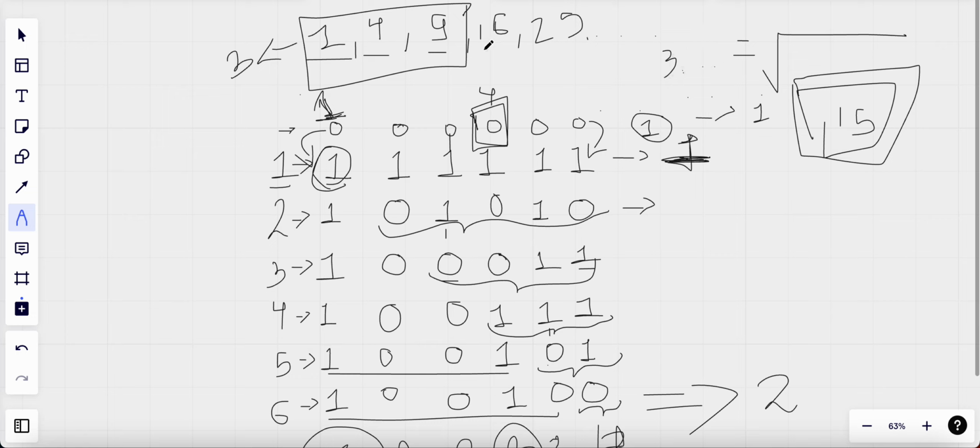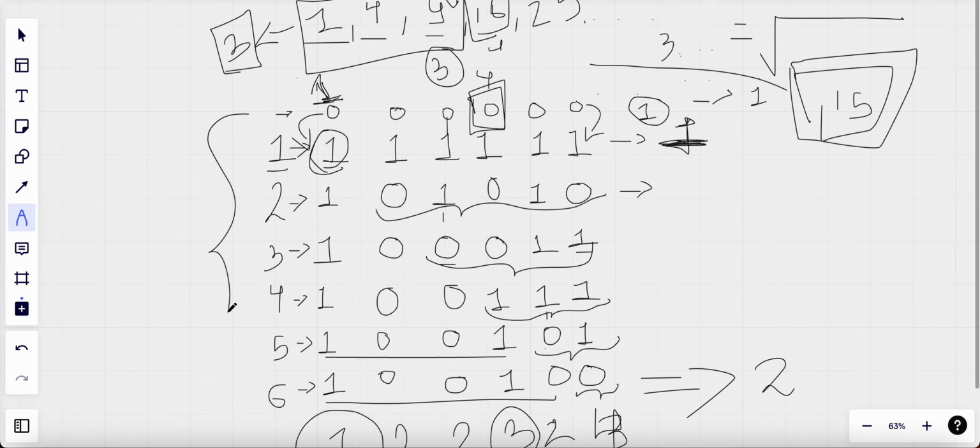Because we know the square root of 16 is equal to 4, and the square root of 9 is equal to 3, so the square root of 15, which lies between 9 and 16, is equal to 3 point something, but we are taking just the floor value, so we will actually get 3, which is the number of bulbs that will remain on, right? So that is our formula. Our formula is just one line.